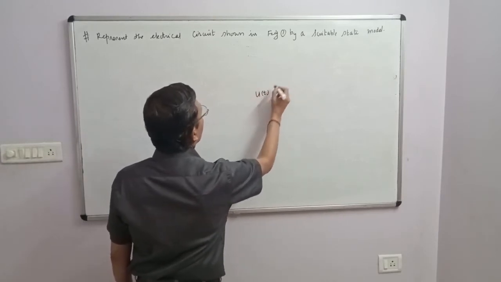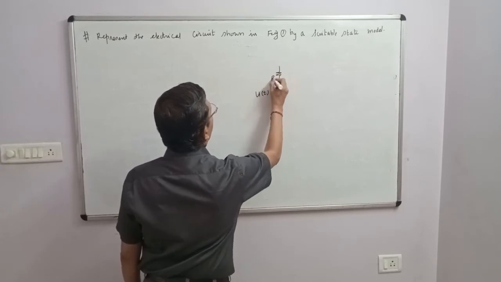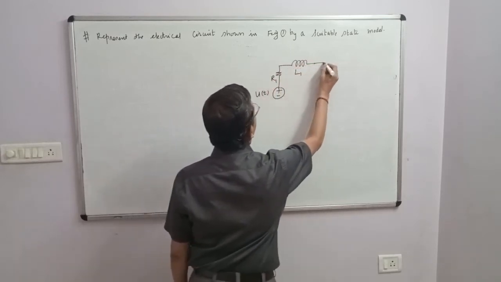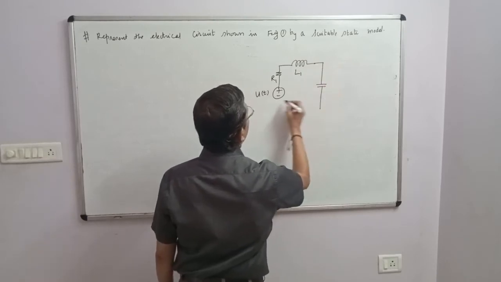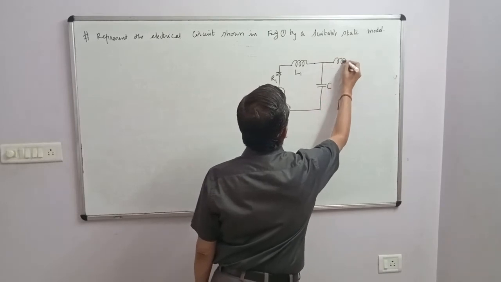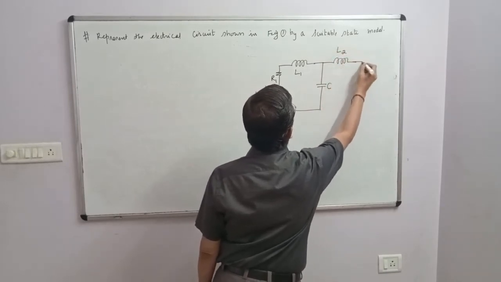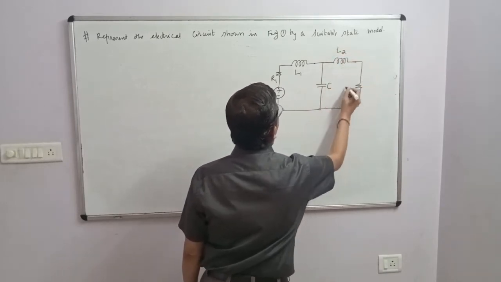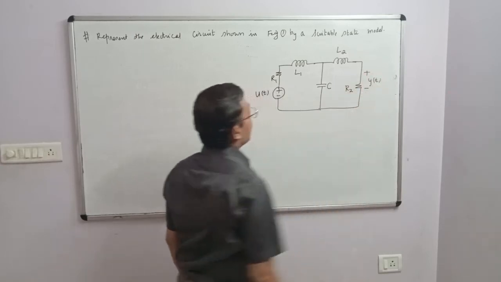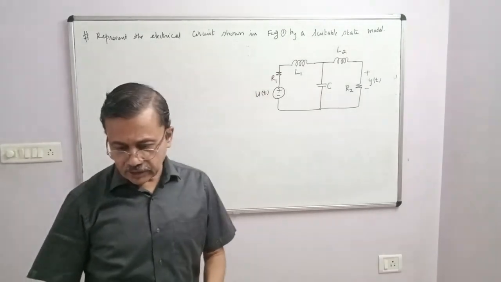This is u of t, R1, L1, capacitor C, L2, R2. Voltage across R2 is y of t. This is the electrical circuit given.